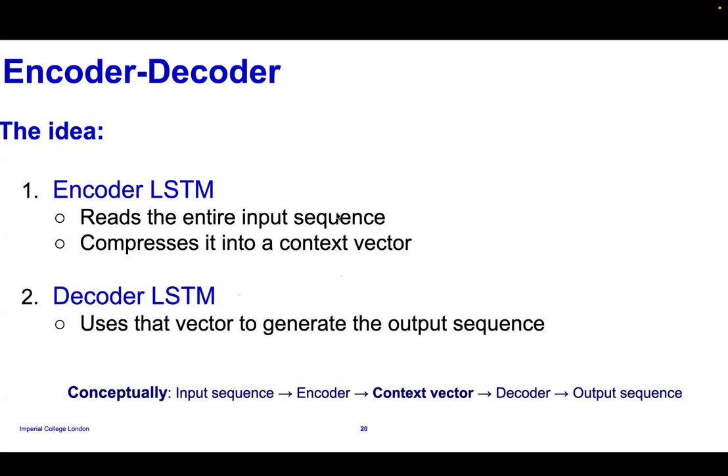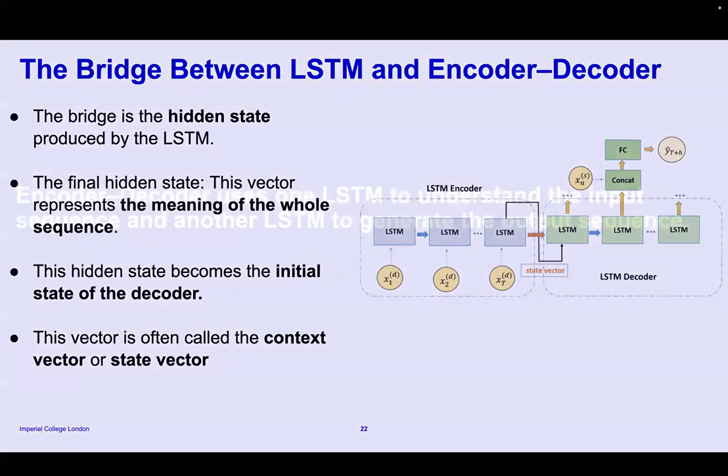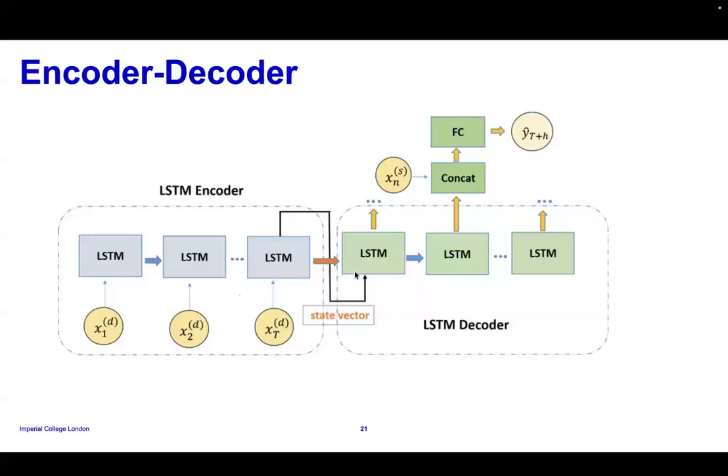The first thing is the encoder, which reads the entire sequence. When it reads the entire sequence, it compresses it into what we call a context vector. You can see this is one architecture, the encoder, and this is another, the decoder. The text comes into the LSTM encoder, and then we have a vector which is passed to the next one.